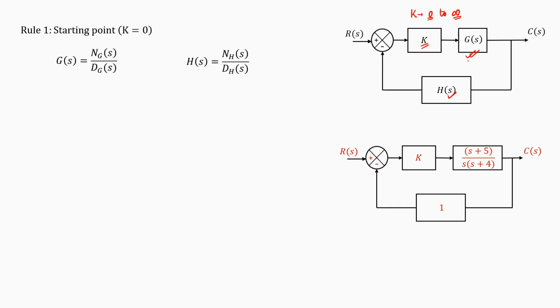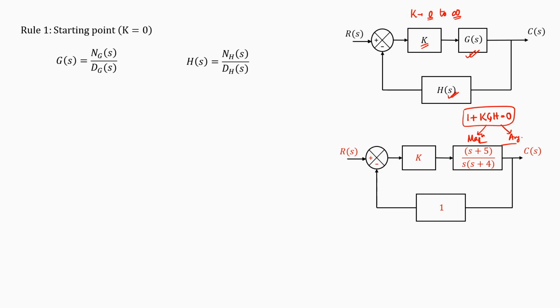I am using the information of G and H, and remember that this is the equation that we solve to find out the closed loop pole locations, and this was equivalent to two criteria. One was the magnitude criteria and one was the angle criteria. So the points which satisfy the angle criteria are the closed loop poles, and then we check the magnitude criteria to find out the value of k. This is what we had discussed in the last class.